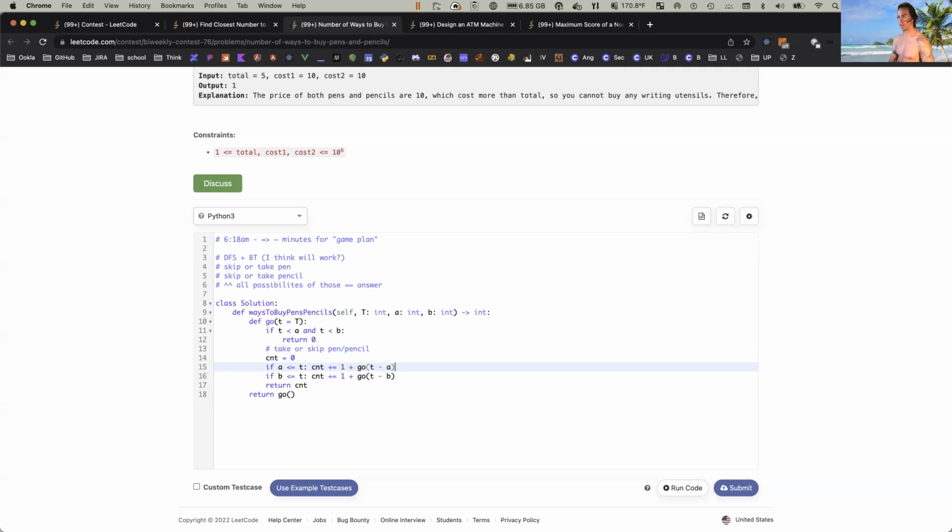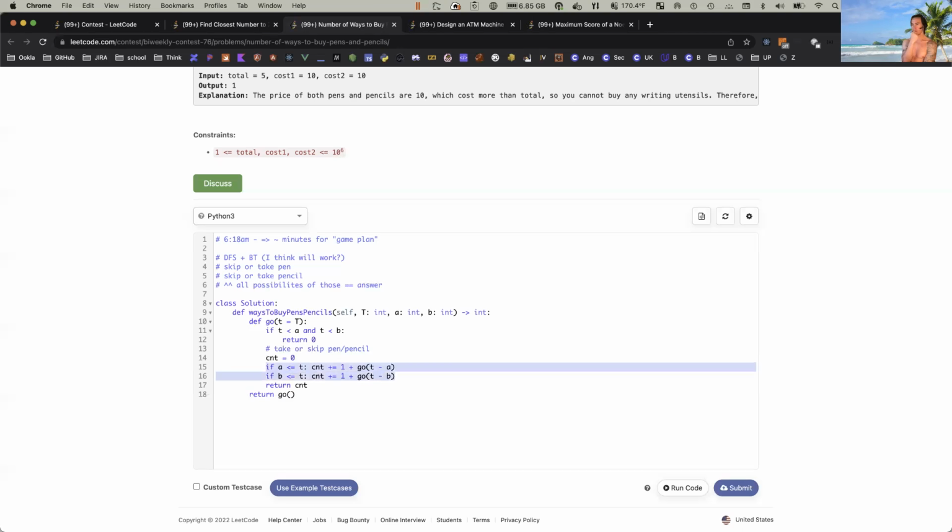I want to alternatively take A's and B's. With A or without A? With A. Okay, yeah, so let's do this. With A or without A, with A or without B. How am I going to write this?